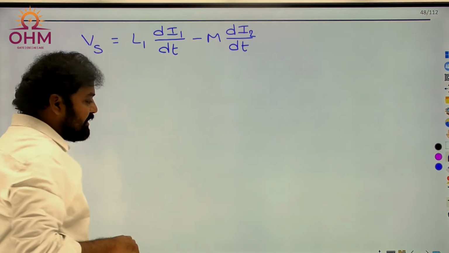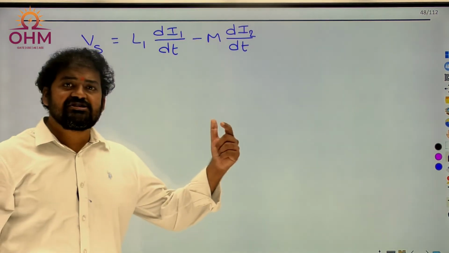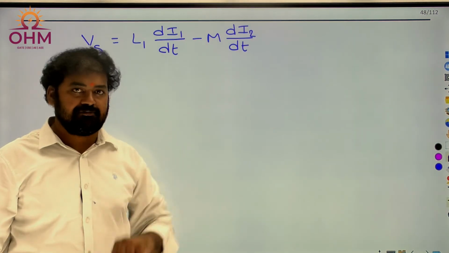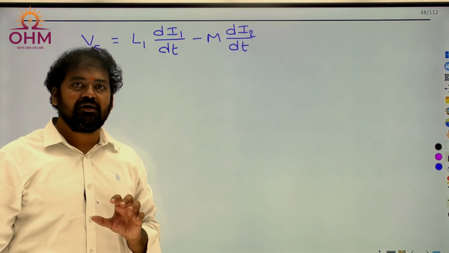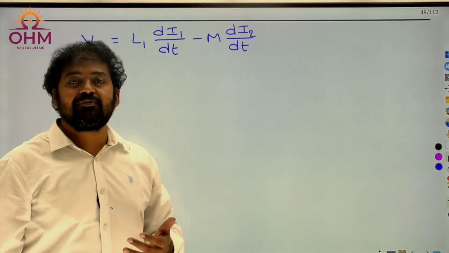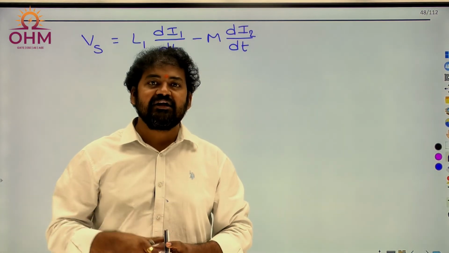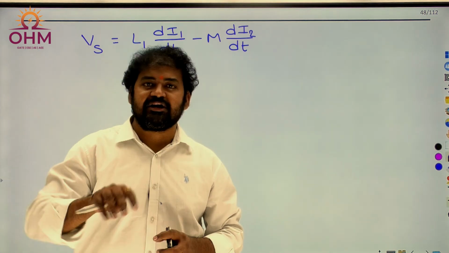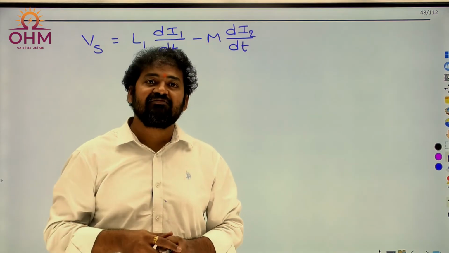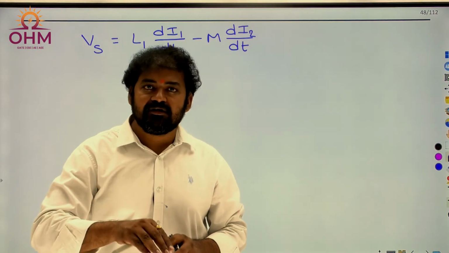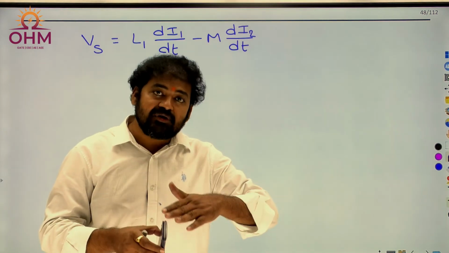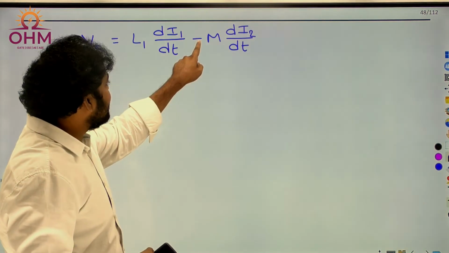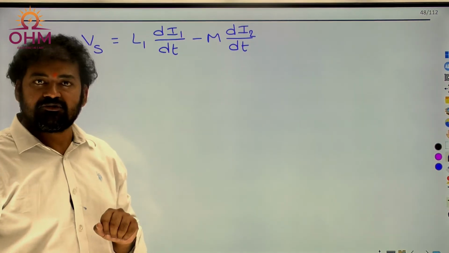See, mutual inductance means it is the voltage induced in the primary winding due to the current passing through the secondary winding. That is what mutual means. What is the definition for self EMF and mutual EMF? Self EMF means it is the voltage induced in that winding due to the current passing through the same winding. But mutual EMF means it is the voltage induced in that winding due to the current passing through the other winding, which is mutually coupled to it. Why am I using the minus sign? Because of negative magnetic coupling.